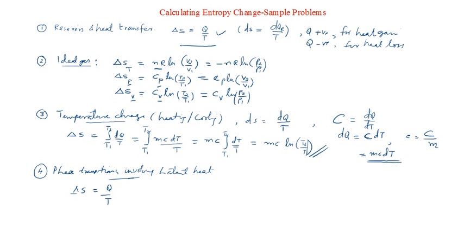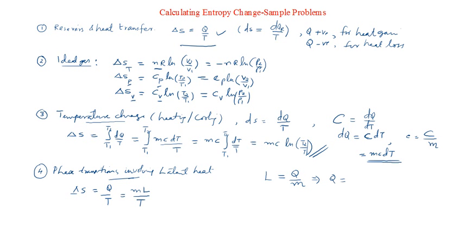Why this M into L? Where L is the latent heat. Because we have defined the latent heat during phase transition as the heat required per unit mass of the sample. Therefore Q is equal to the product of mass and the latent heat, and this expression we substitute in this equation.